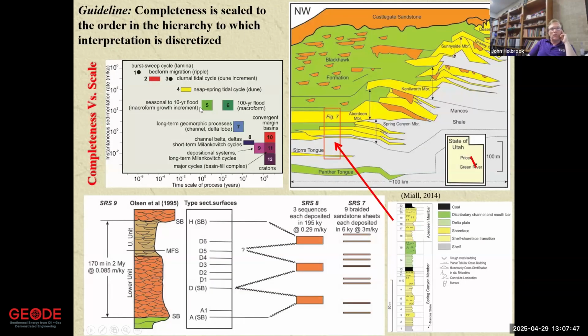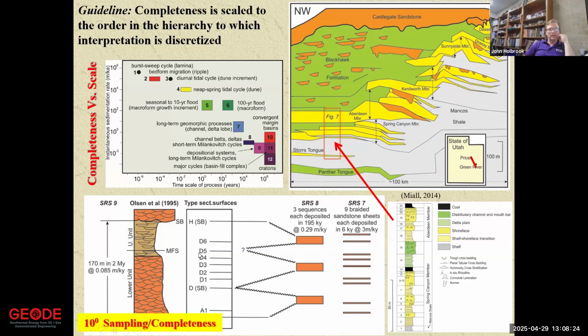Another one is when you think about whether a section of rock is complete. Well, it really depends on what you're defining as complete. For example, we're over here in the Castlegate Desert, down here in the Blackhawk section in the Book Cliffs. If you're looking at sequences, and I define a section of an individual sequence as complete, by definition, it's complete.